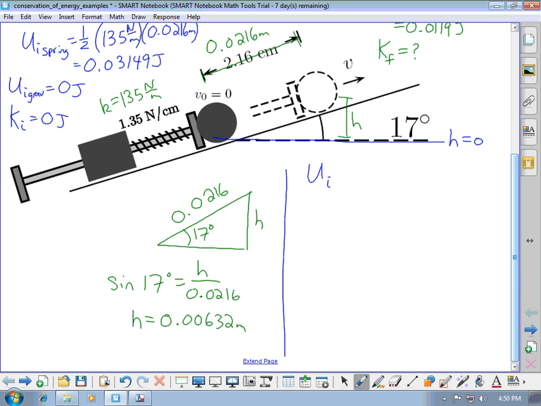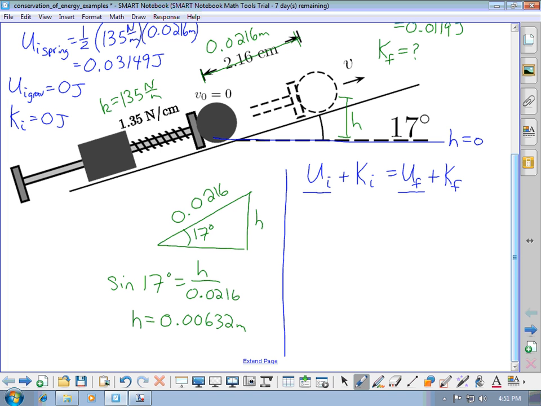The initial potential energy plus the initial kinetic energy have to equal the final potential energy plus the final kinetic energy. Because we have several types of potential energy, this initial potential energy has to be all of the initial potential energies added together, both the spring and the gravitational potential energy. This final potential energy has to be the spring potential energy plus the gravitational potential energy added together.